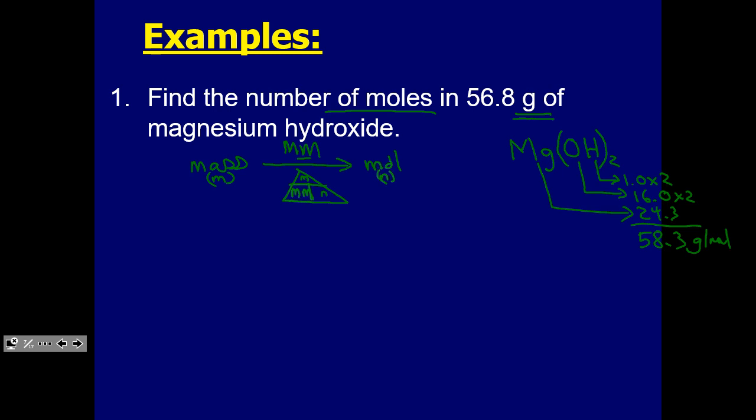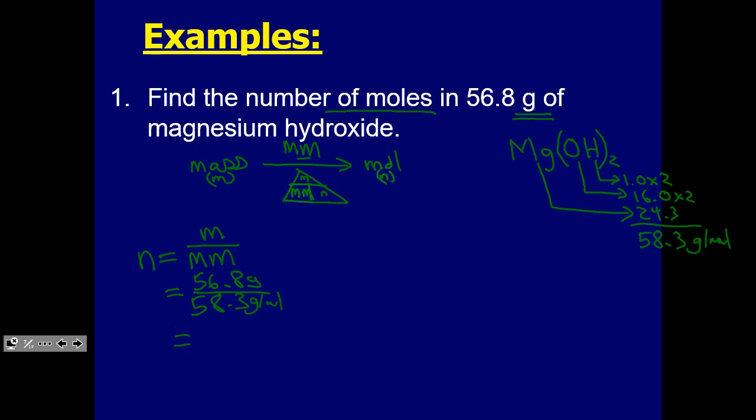I want to get moles. Remember, I cover up what I want to get. n is equal to mass over the molar mass. And it's that simple. 56.8 grams divided by 58.3 grams per mole.